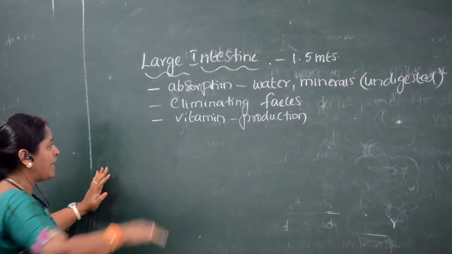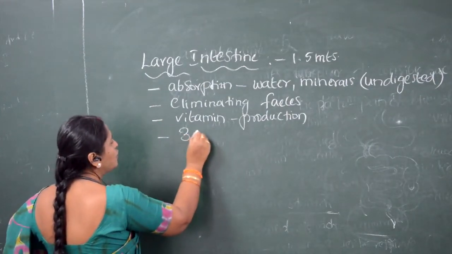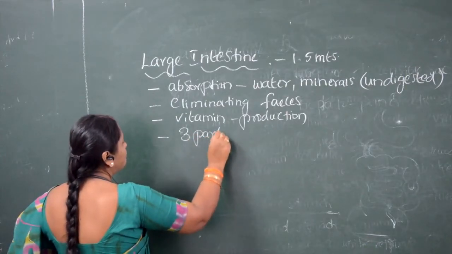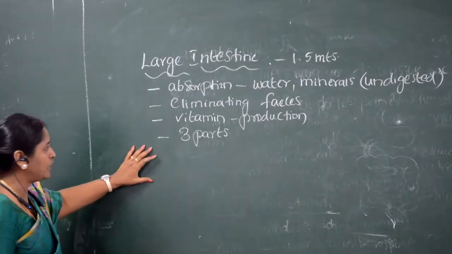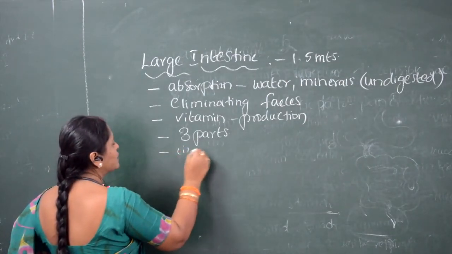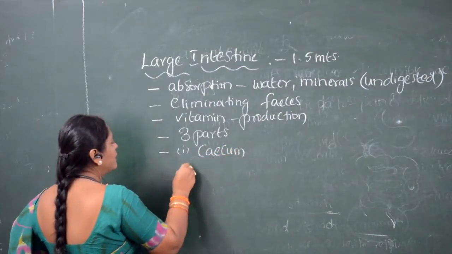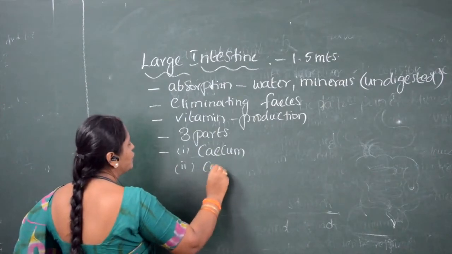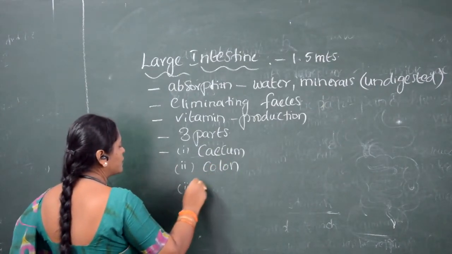The large intestine consists of three parts. The three parts in the large intestine are, first one is cecum, second one is colon, and the third one is rectum.